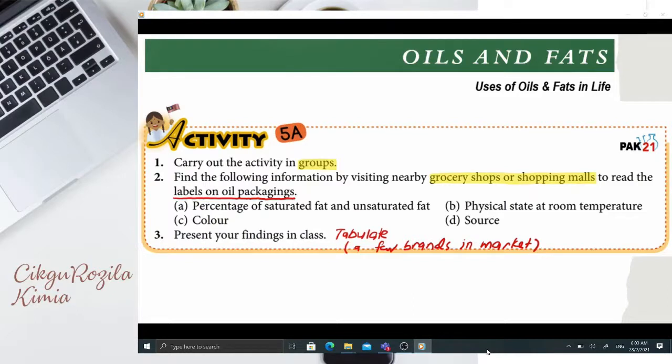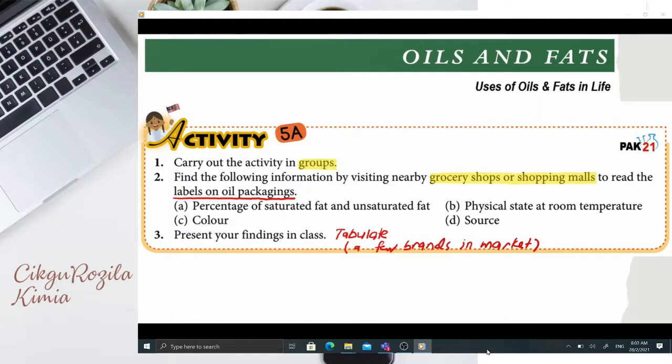Okay, find the following information by visiting nearby grocery shops or shopping malls. So, kalau awak ikut mak pergi beli barang-barang dapur, so awak bawa lah handphone awak tu and then capture the picture of ingredients. Okay, ingredients apa yang kita nak? Labels on oils packaging.